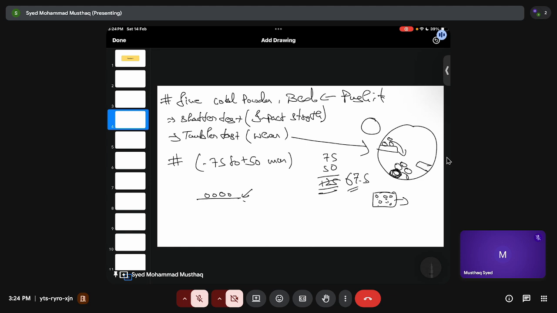Now if you want to know the wear resistance, the wear strength, then you do the tumbler test, right? In the tumbler test, you take a 40 mm screen.